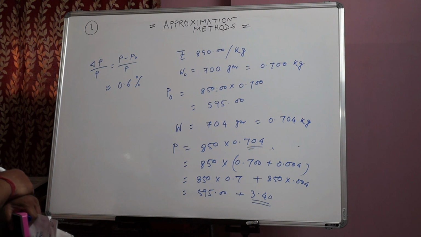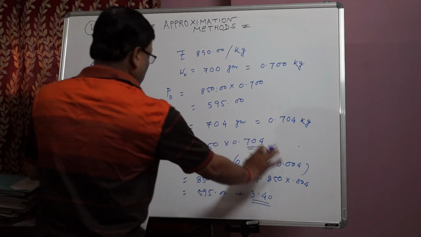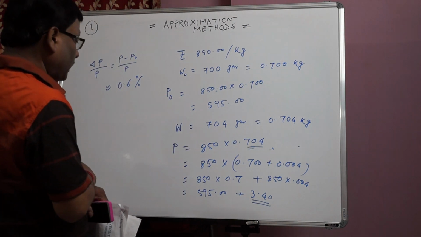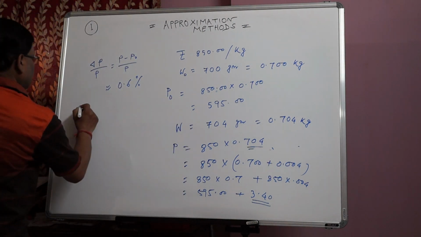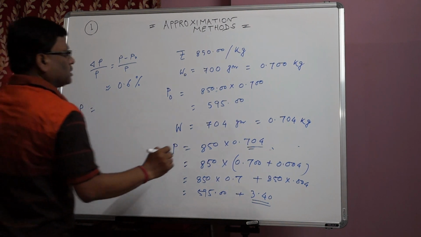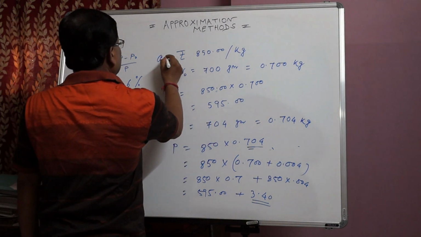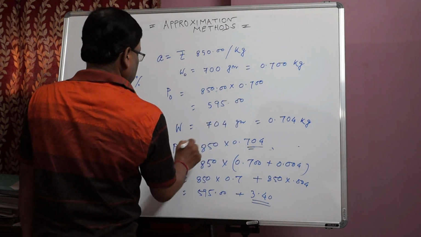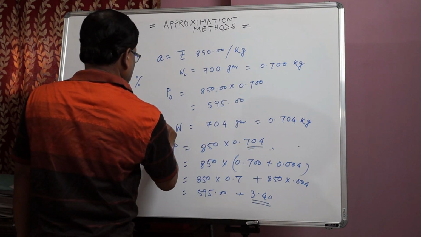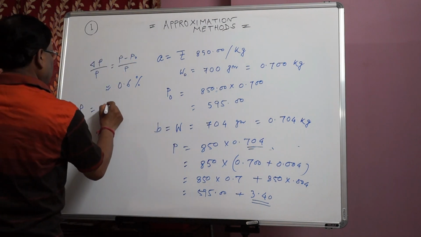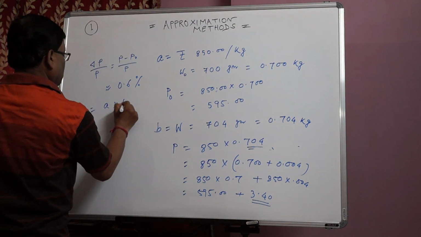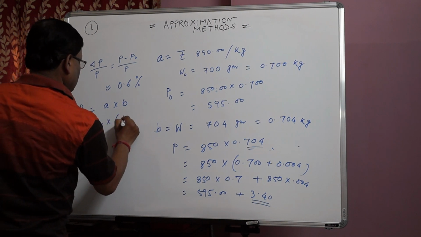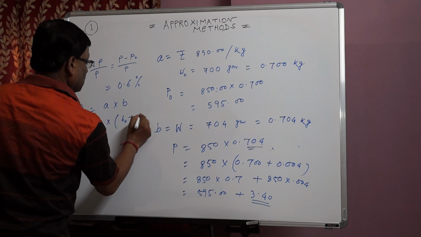In an analytical expression, the price of this fish, I can write P, say this is the A term, and I write this weight as B. So P equals A into B, which I write as A into (B0 plus ΔB).